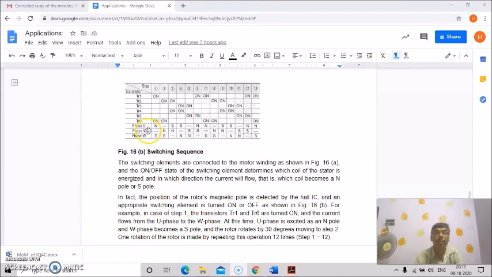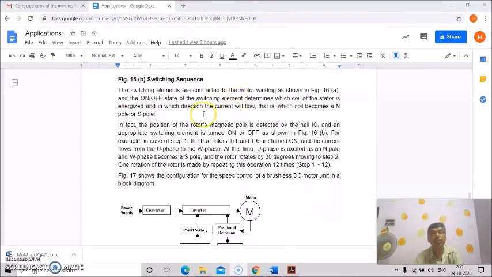At this time, U phase is excited as a north pole and W phase becomes a south pole, and the rotor rotates by 30 degrees, moving to step 2. Once one rotation of the rotor is made by repeating these operations 12 times, that is step 1 to 12, that is shown here in this switching table.